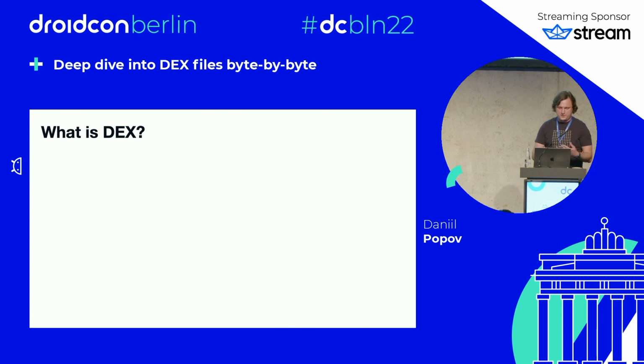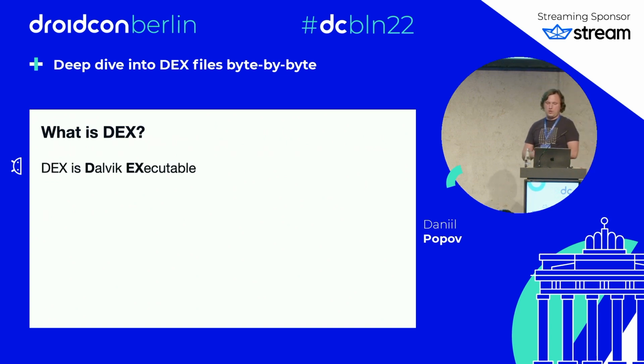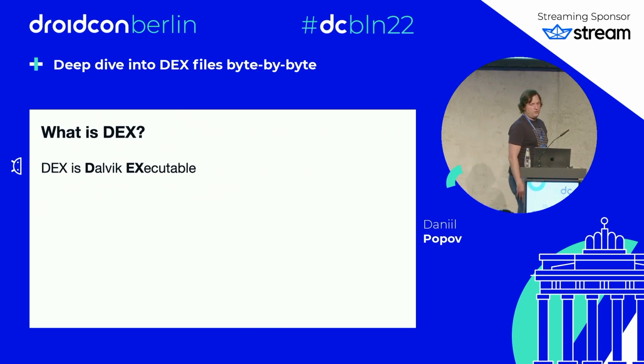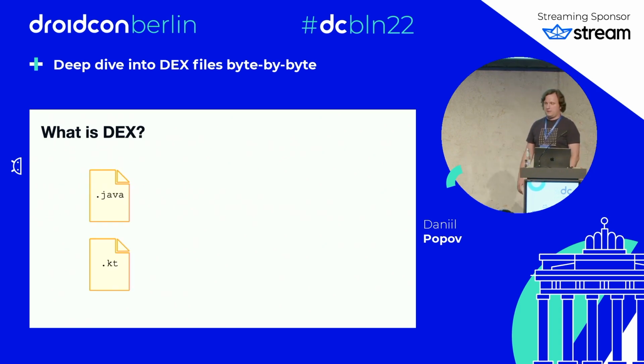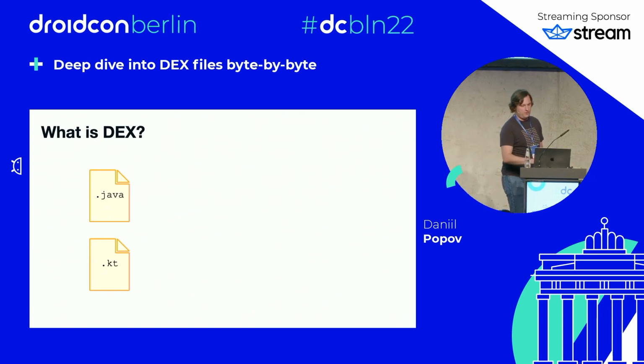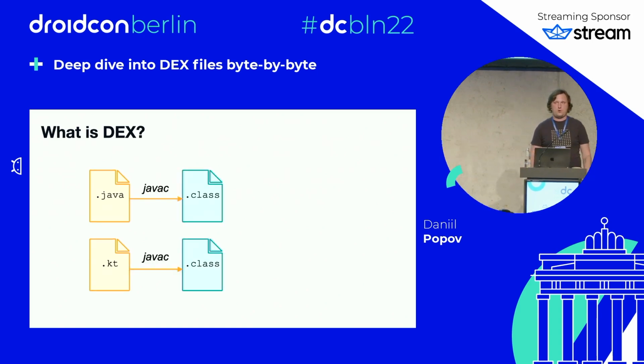So what is DEX? DEX stands for Dalvik executable. This file contains executable code for the Dalvik virtual machine, which is now called ART, Android Runtime. And what do we do with it? You have your Java or Kotlin files in your project. You write some code every day. Then you compile this code, using the Java compiler.